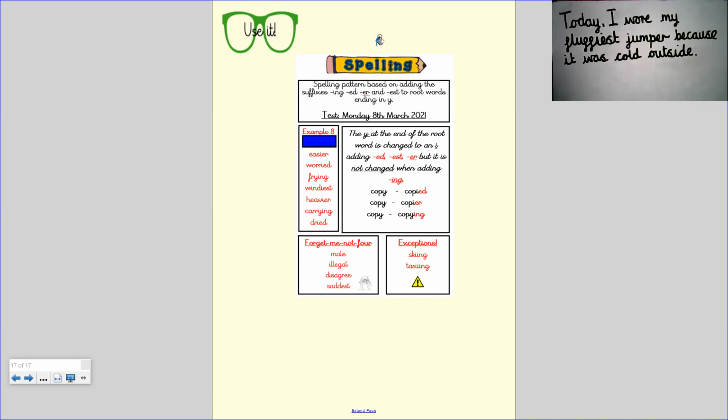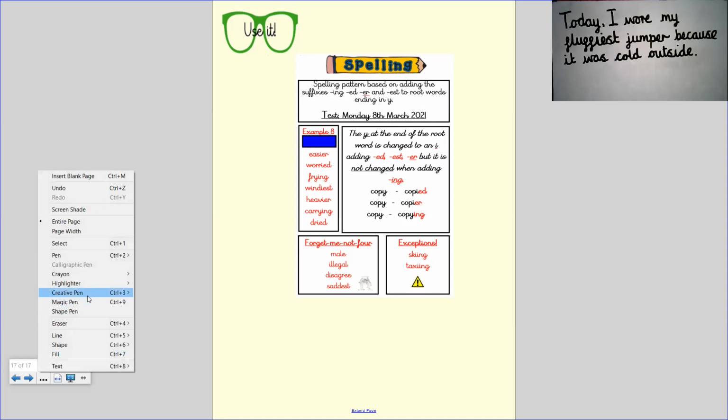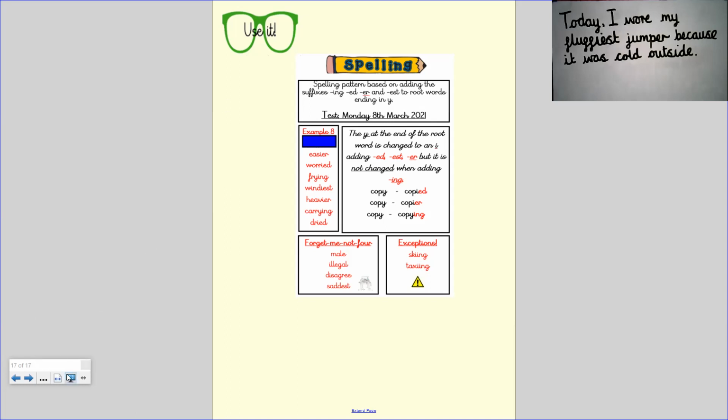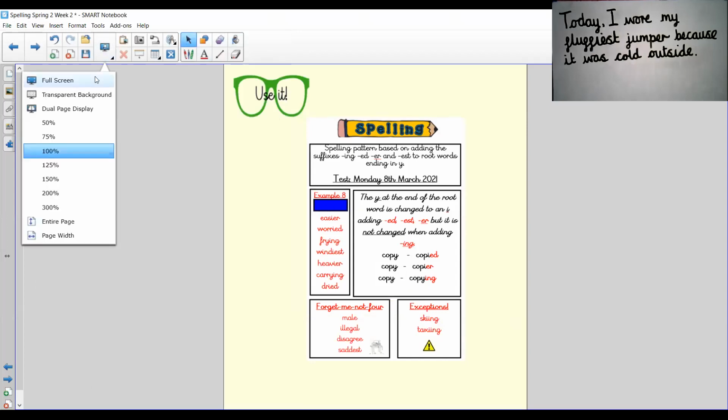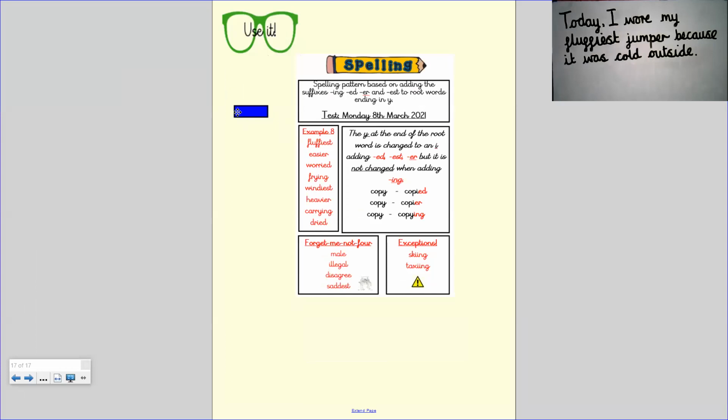Now I'm going to check that I spelt my spelling word correctly. Moment of truth. Oh, I just need to change that. There. Moment of truth. F-L-U-F-F-I-E-S-T. Well done, Miss McCabe.